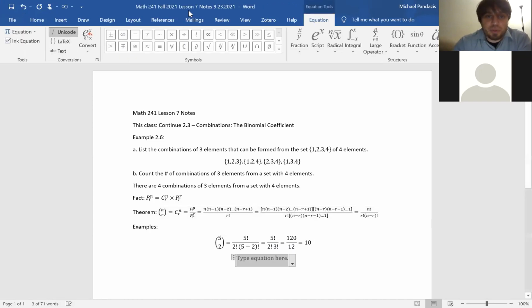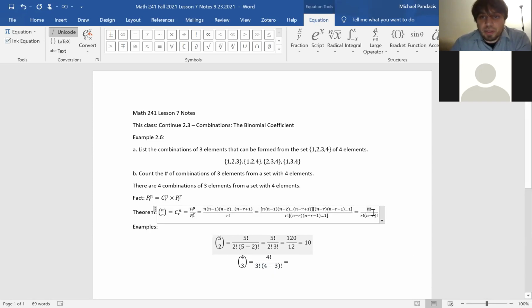And another example would be, for instance, if N was 4 and R was 3, then this would be equal to 4 factorial divided by 3 factorial times 4 minus 3 factorial, from this formula, when N is 4 and R is 3.